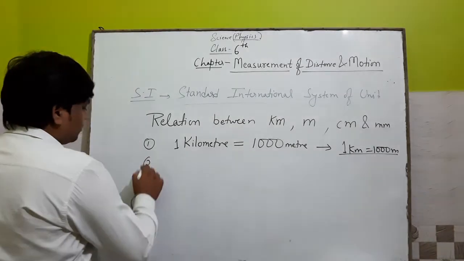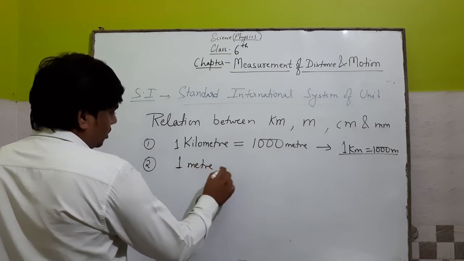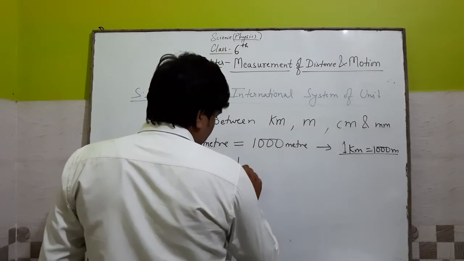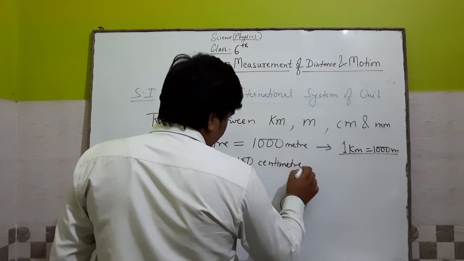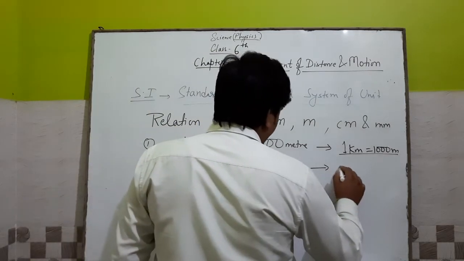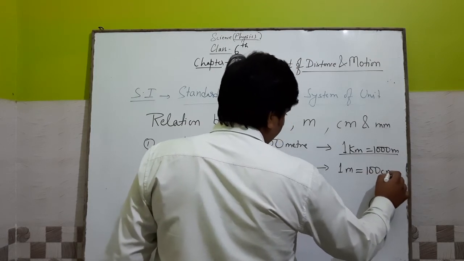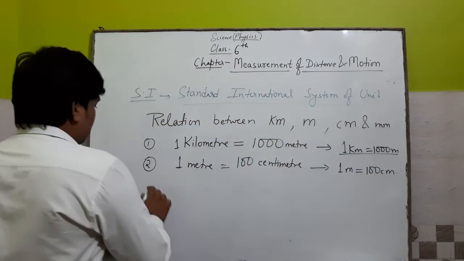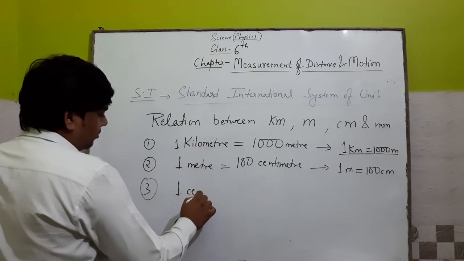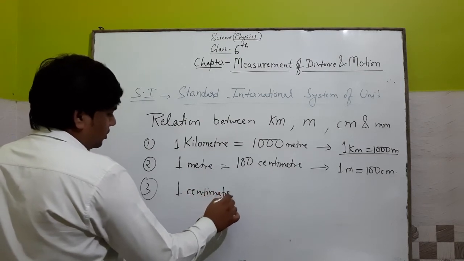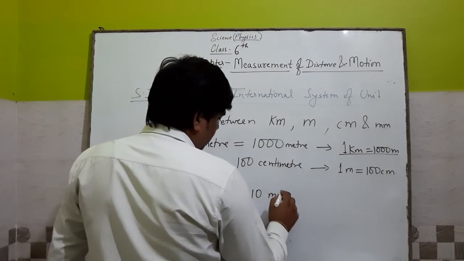Second one is, 1 meter is equal to 100 centimeter. In symbolic form, you write 1 meter is equal to 100 centimeter. Third one is what? 1 centimeter is equal to 10 millimeter.